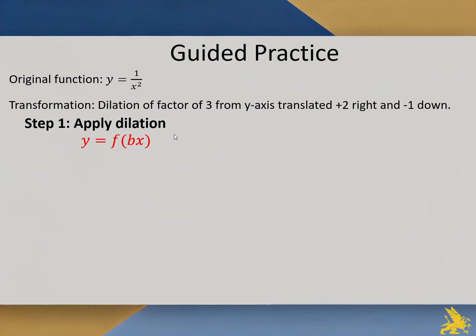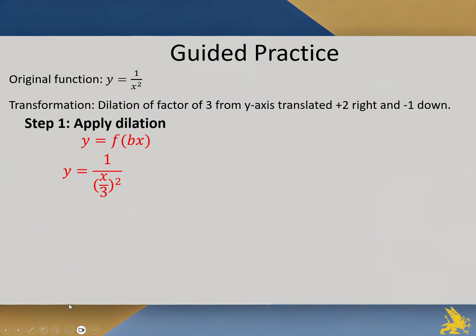Because it says dilation of factor of 3, and our x is not by itself, this 3 will be x over 3, because when we get our x by itself, to bring that 3 over, we are dividing, which is what I've shown before. So that will give us 1 over (x over 3) in brackets squared.